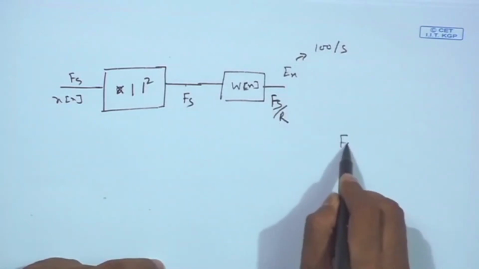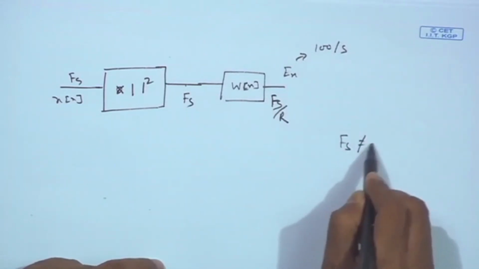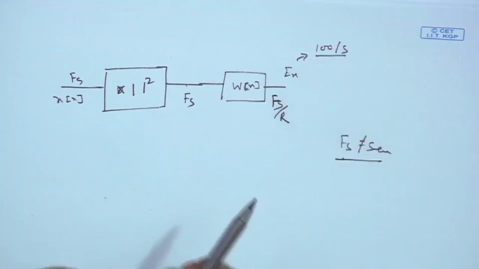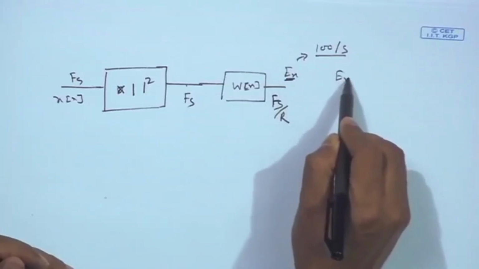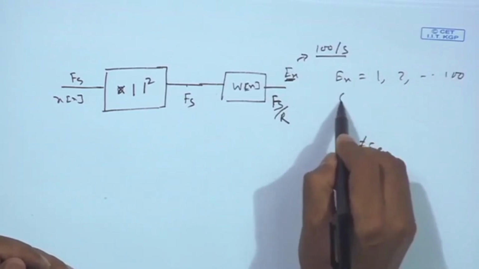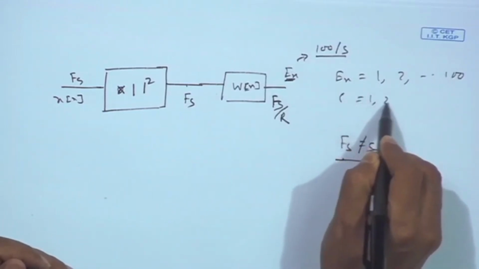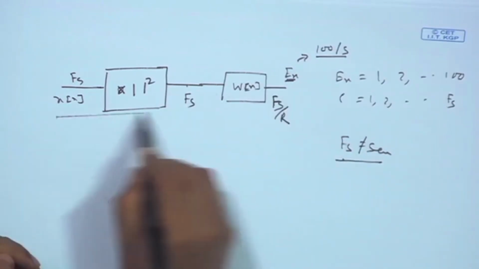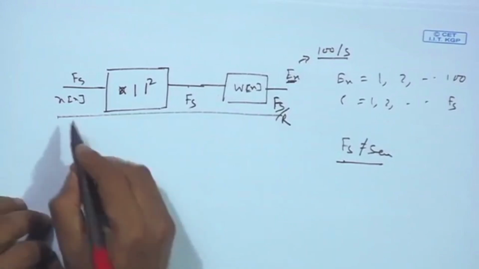Earlier it was fs number of samples per second. Instead of fs samples, I get 100 samples per second. So, I get E[n] equal to 1, 2, up to 100 for 1 second, whereas here it was 1, 2, up to fs samples. Okay? So, this is called short term energy.